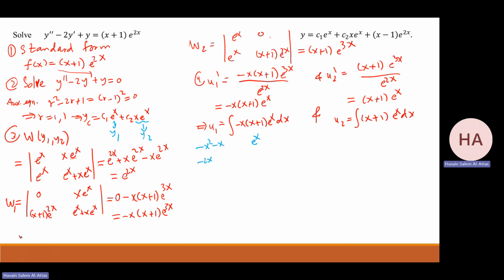Yeah, differentiate. You know the tabular method: minus 2, 0. I have e to the power x, e to the power x, e to the power x. Then I will do this: plus, minus, plus. Here I'm doing the same thing. x plus 1, e to the power x, 1, 0, e to the power x, e to the power x.